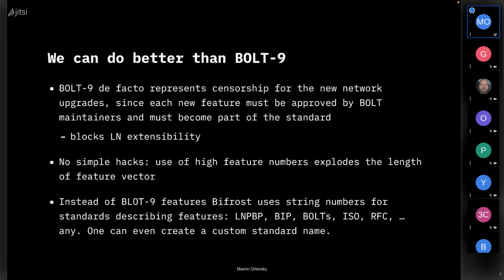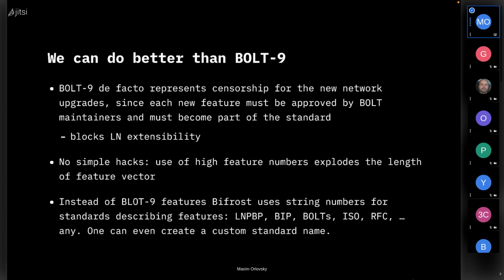So this creates a narrow bottleneck that's really hard to penetrate whenever you would like to add something to the Lightning Network and experiment with new functionality. So we don't want to follow the same pattern. Instead of Bolt 9 type features, Bifrost will use strings and numbers for defining standards describing new features.